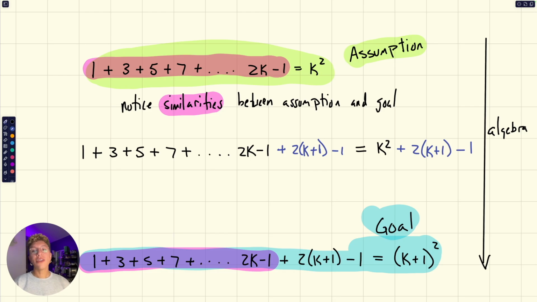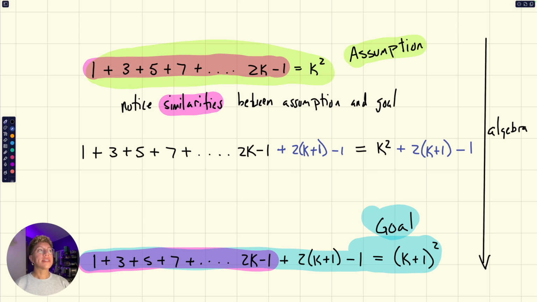If you're asking how do you know that we can do that? Well, following the rules of algebra, as long as we add the same thing to both sides, our equation is still true, correct? So over here, we notice, wow, this is now the left-hand side of the goal. If this right-hand side turns into k plus 1 squared, we've then proven that the assumption and goal are proven together.